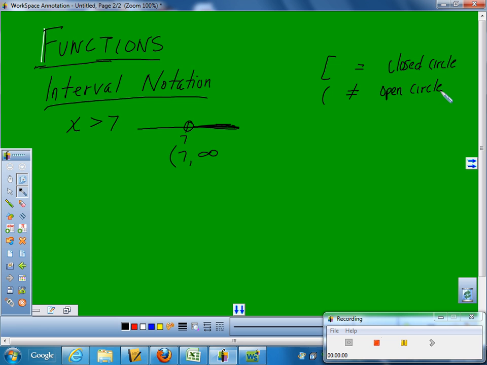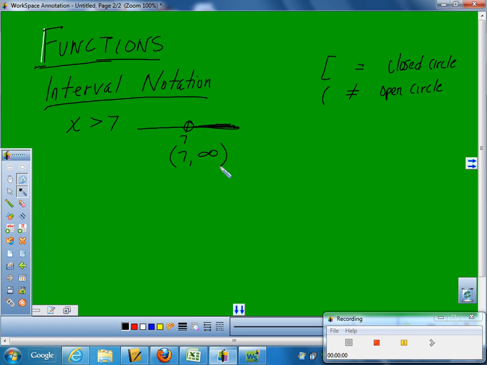So infinity can never have a bracket because you can't ever find an endpoint on infinity. Infinity always has a parenthesis. So when you read that, it's saying it's all the numbers from 7 to infinity, not equal to 7. The problem is you don't read it like a coordinate. It's not x and y coordinates. It's saying an interval of numbers on the number line.